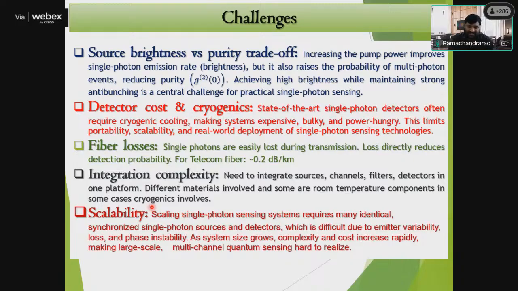A lot of things are involved. When you try to scale it down and miniaturize, you are going to have a price escalation. So you have to target the detector cost in such a way that anybody can afford it. In the future, that's very important. That is what it's all about.